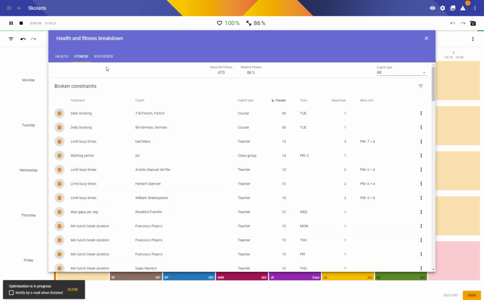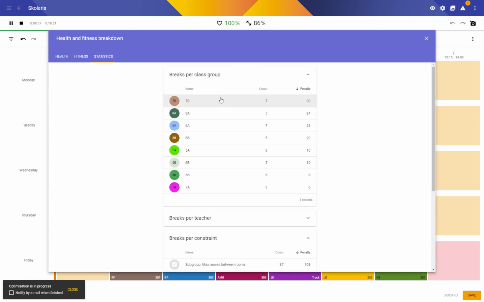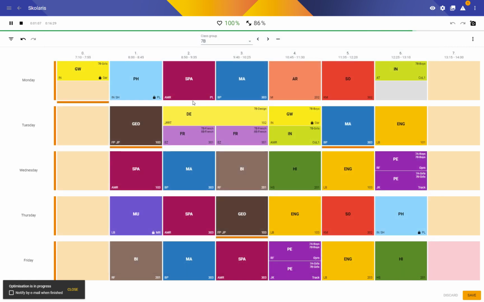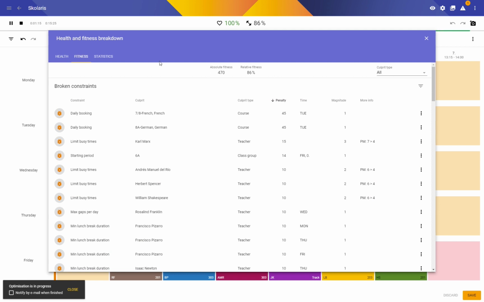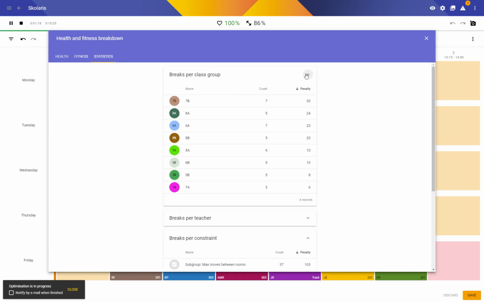Let's examine the fitness a little bit more. Let's look at the stats. Student timetables are pretty good. Maximum penalty of 30 for 7B. That will be this morning lesson of gardening, not a big deal. Let's look at the teacher timetable stats.